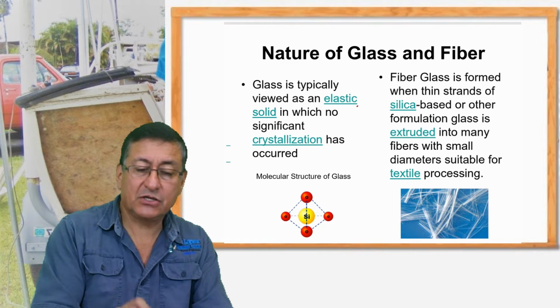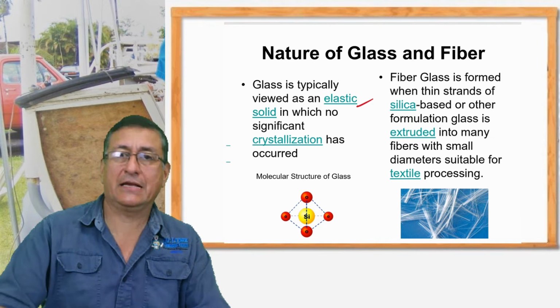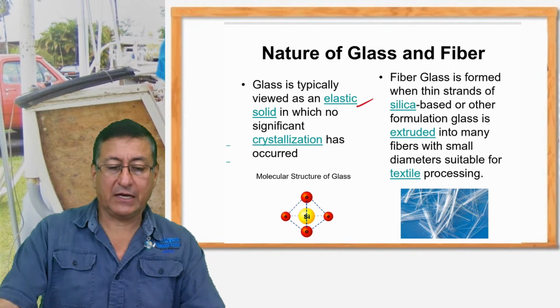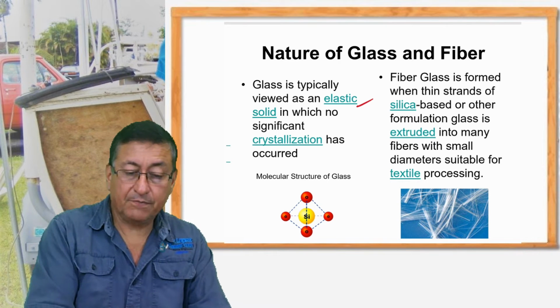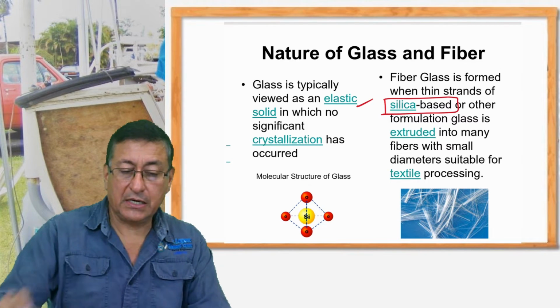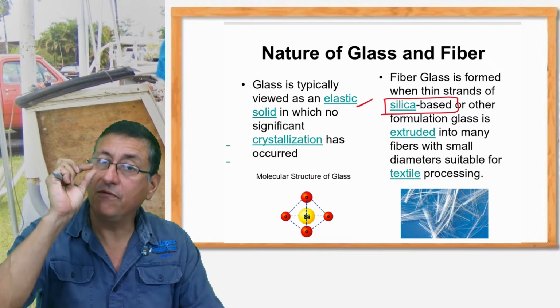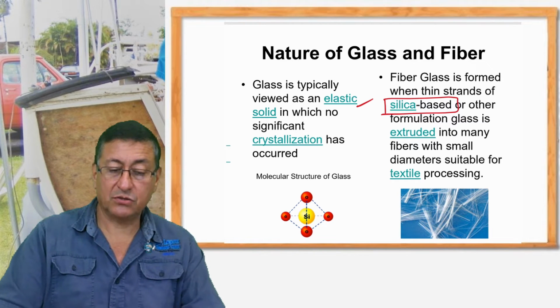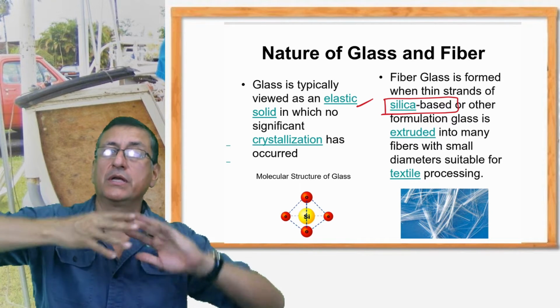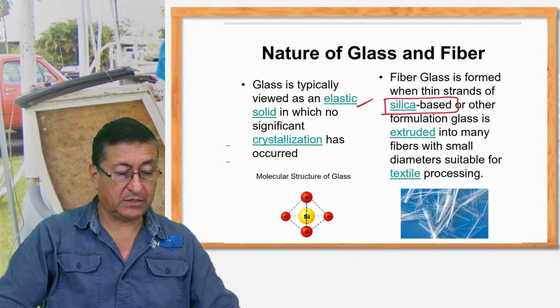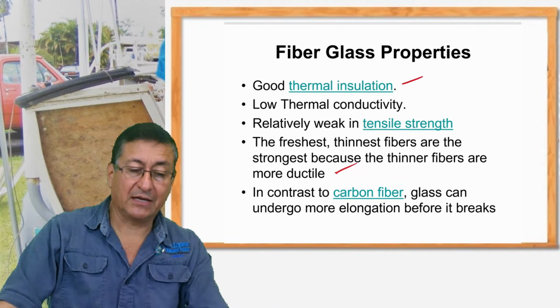It's an elastic solid. Carbon fiber is more elastic in comparison with fiberglass. It's based on silica, remember, and is stranded in small fibers. In some cases, those fibers are twisted to create a yarn. That's the typical structure of fiberglass.